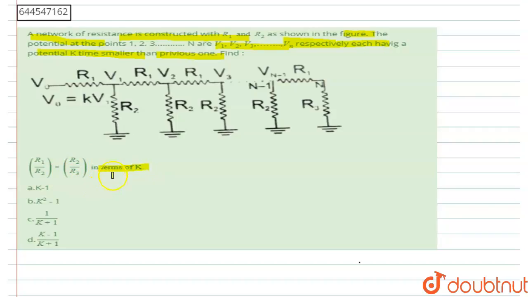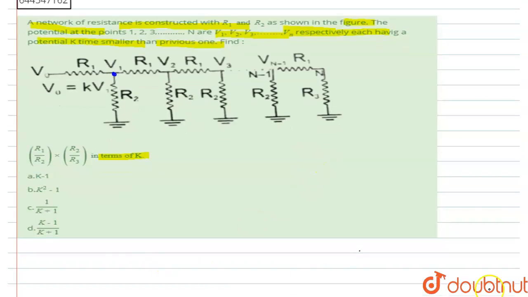According to this question, V1 is K times smaller. It means we can write V1 is equal to V0 divided by K. And V2 is equal to V0 divided by K square.